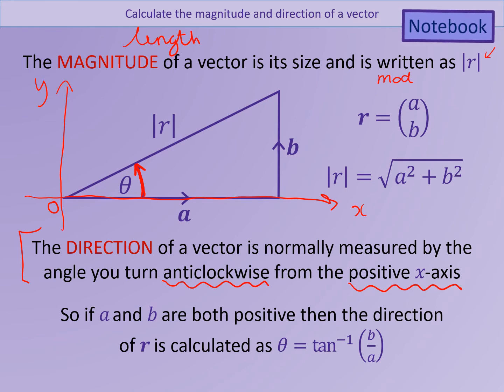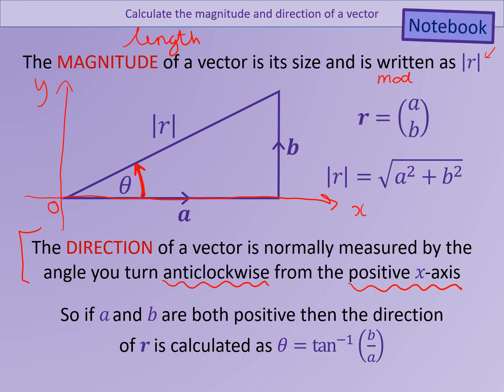So we can represent a vector in a different form. We can represent it in the column form, or we can represent it using this magnitude and this direction. Now if we wanted to work out theta, we would have to use a little bit of trigonometry here. You do need to be careful, and I'd always recommend a sketch of a diagram, because if a and b are not positive, then you need to consider something else here as well.